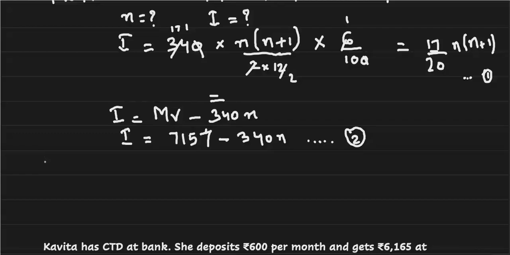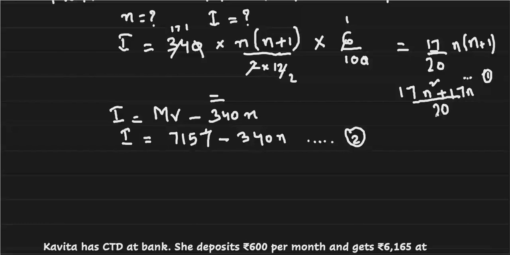1 equal to 2. If you multiply, 17 into n square plus 17n whole divided by 20, this is something you can write.